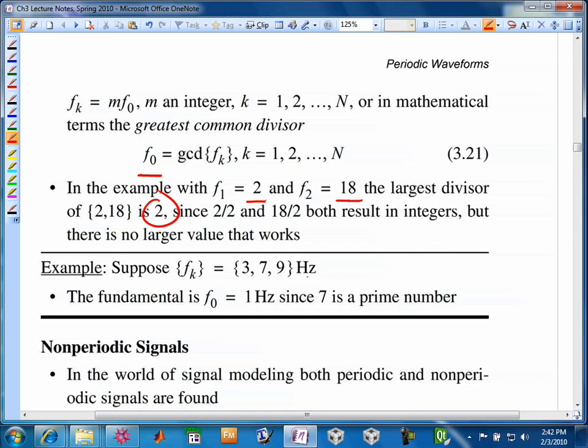Make sense? What happens if I had 20.25 and 21 hertz? If I had those two signals present at the same time, are they harmonically related? And what's the fundamental frequency?